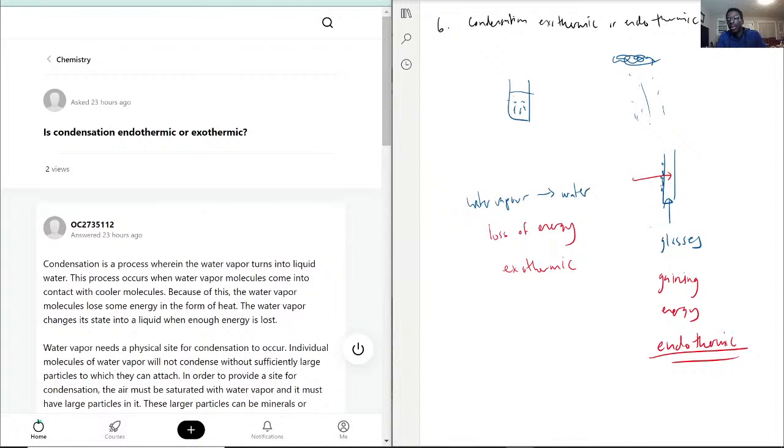A good way of thinking about it is like when you do calorimetry: if the temperature of the water were to increase, that means the system inside the water is exothermic because it's releasing energy to its surroundings. And if the water temperature were to drop, that's endothermic because now the system is absorbing energy from its surroundings.